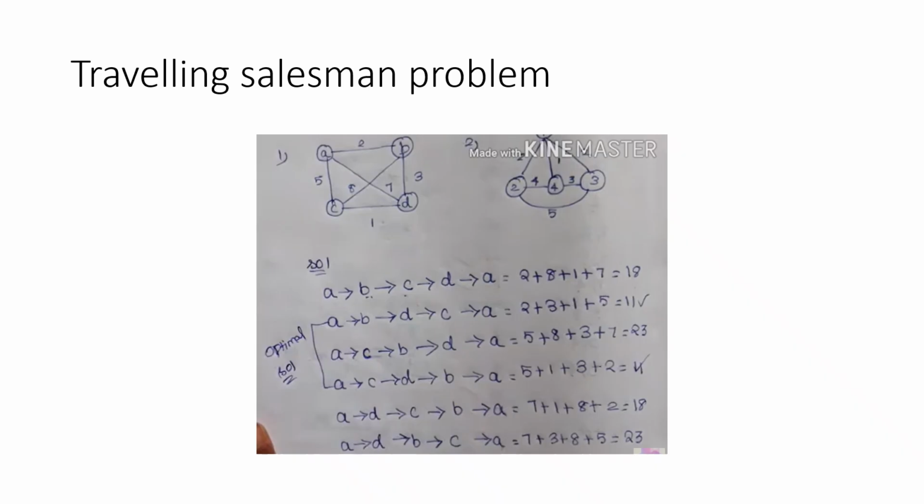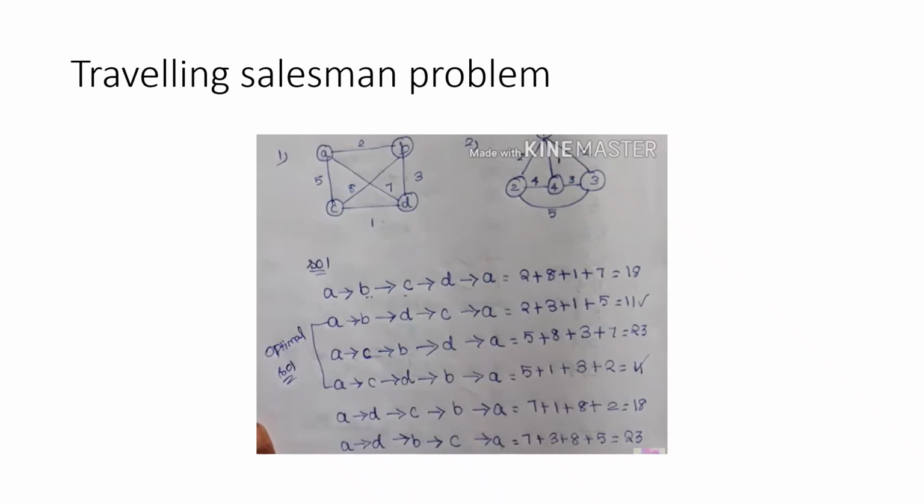The next combination is A to D. A to D the cost is 7, then D to C the cost is 1, then C to B the cost is 8, and then B to A the cost is 2. The total cost is 7 plus 1 plus 8 plus 2 equal to 18.